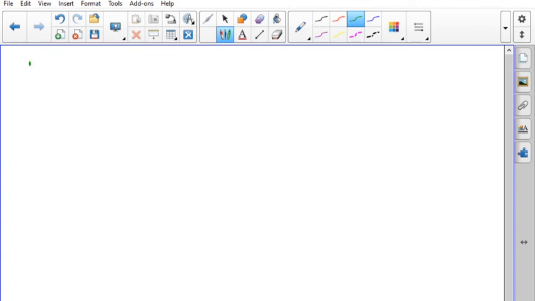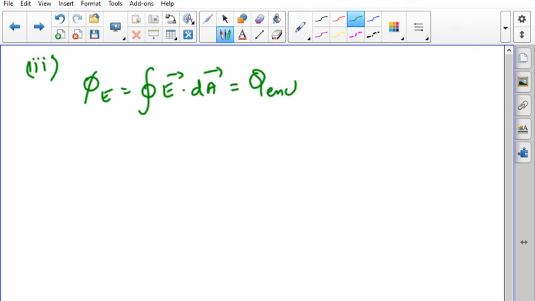The third point is for the equation that is phi E is equal to integral over a closed surface E dot dA is equal to q enclosed by epsilon naught. This is for a spherical surface we have taken, and that spherical surface is an imaginary surface, which is a Gaussian surface.